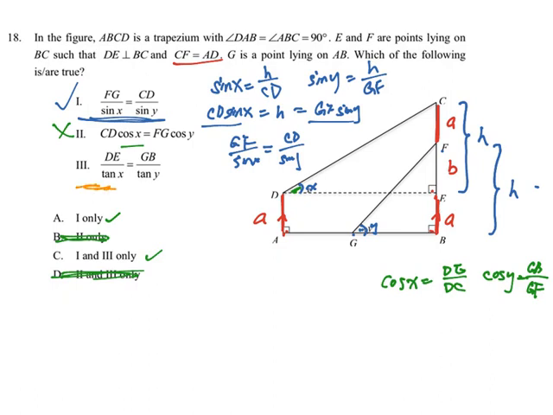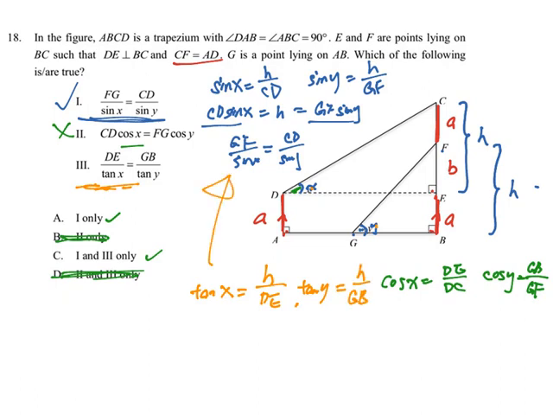Let's see 3. 3 is about the tangent. Tangent also uses x and y. For tangent x, tangent is opposite over adjacent. So h over DE, and tangent y is h over GB.